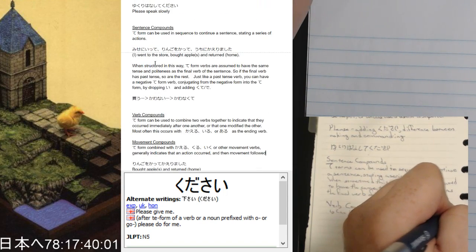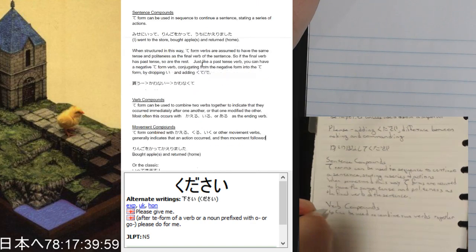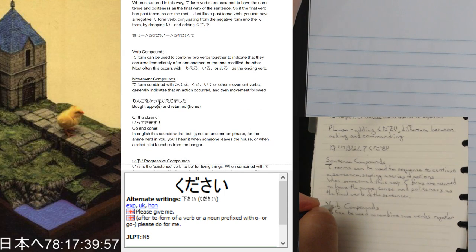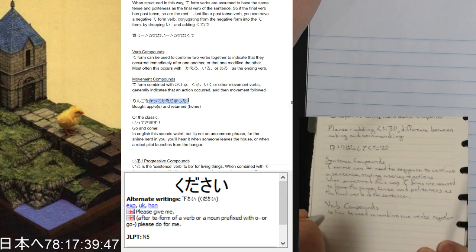So going back to that example with the apples, ringo o katte kairimashita. Katte kairimashita is just combined katte and kairimashita into a single verb. So bought and returned home.